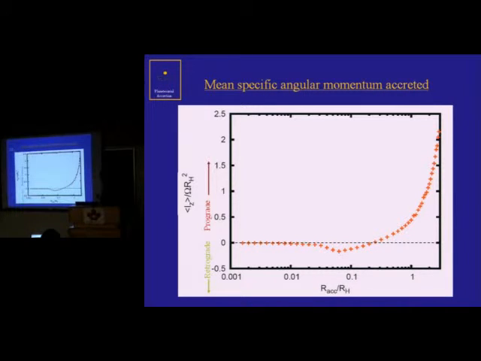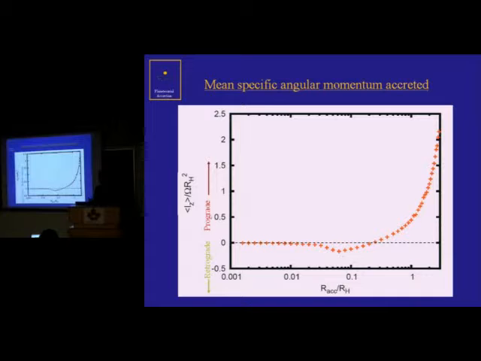And so we looked at the angular momentum that is carried by these planetesimals into the Hill sphere, or a distance of the effective accretion radius. So this is scaled. This is the Hill sphere, so one would be the Hill sphere. This is the specific angular momentum carried by the planetesimals.